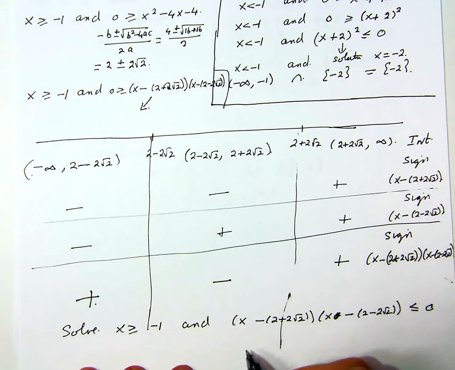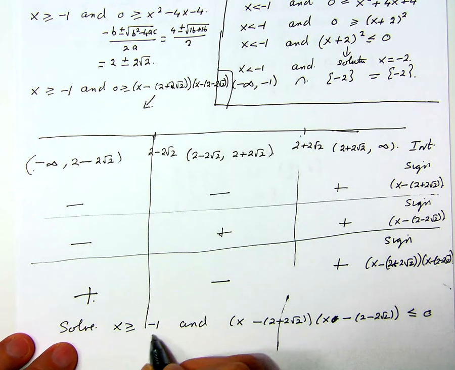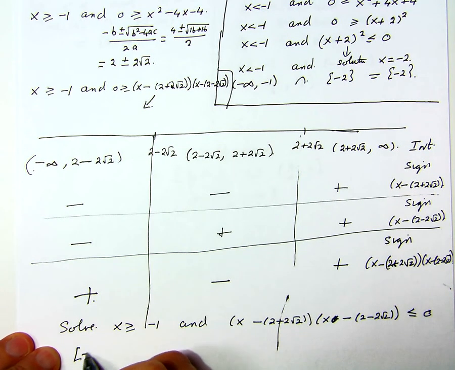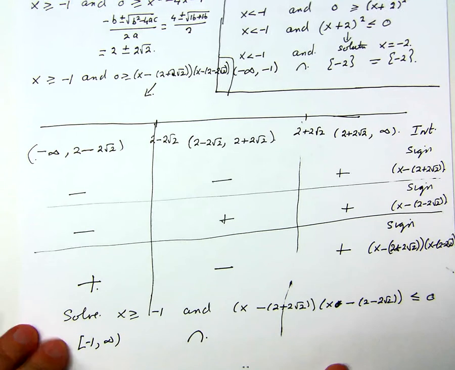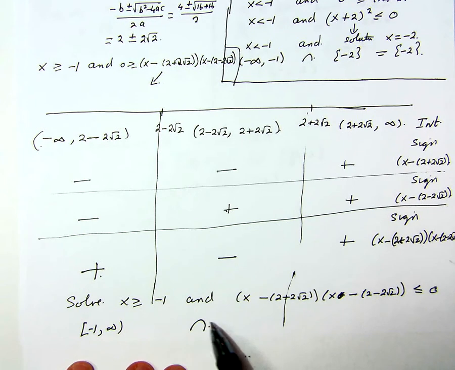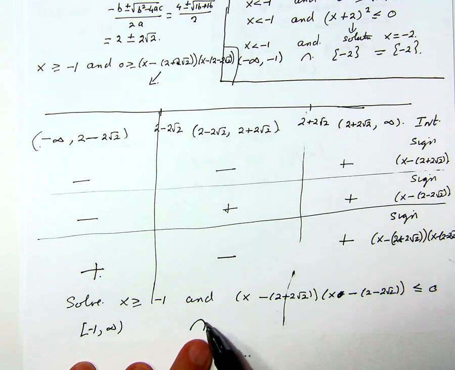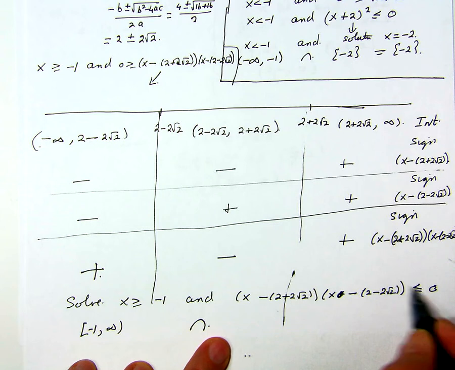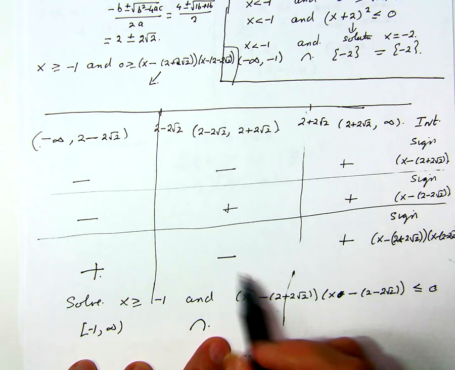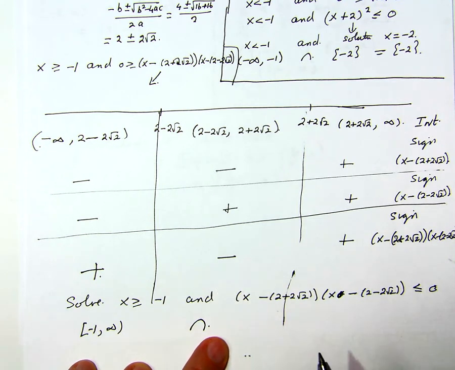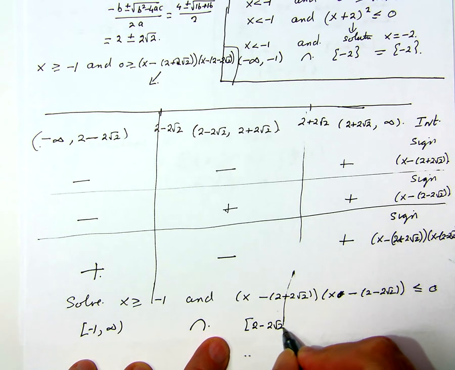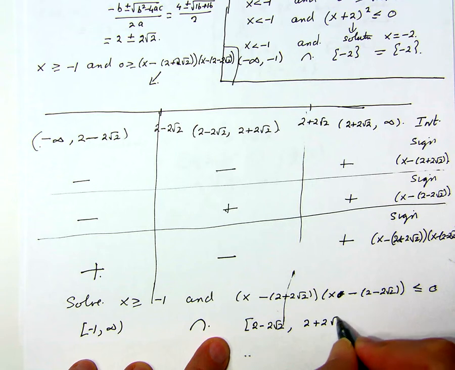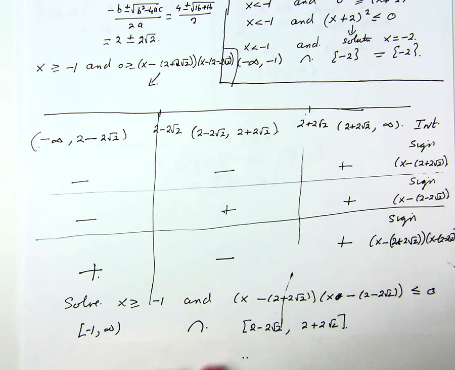And so this is going to happen when x is bigger than or equal to -1, so that's -1 to infinity. And since the x values have to satisfy both inequalities, I'm looking for the intersection of the solution sets. The solution set to this one is all x values between 2 minus 2 times the square root of 2 and 2 plus 2 times the square root of 2 on that closed interval, because at the end points this is equal to 0.